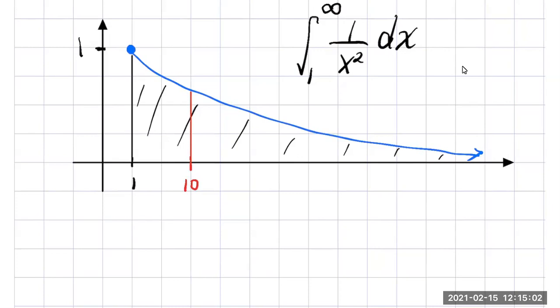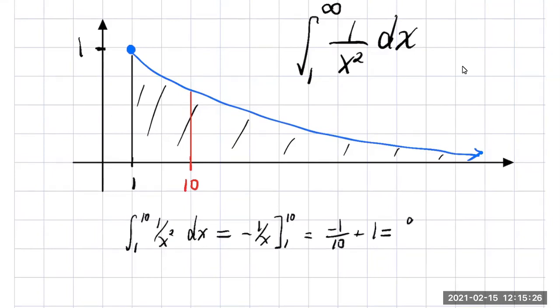Yeah, actually we can, because for the integral from 1 to 10 the fundamental theorem does apply. And so we know that the area from 1 to 10 is equal to 9/10.